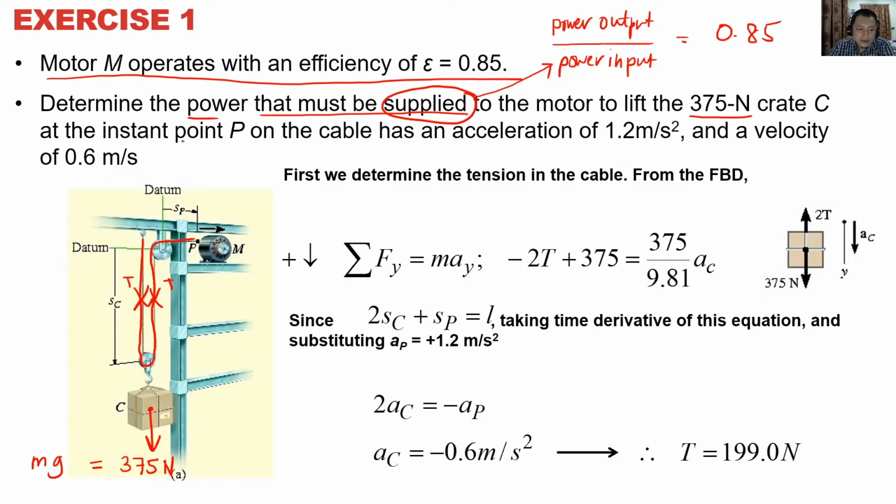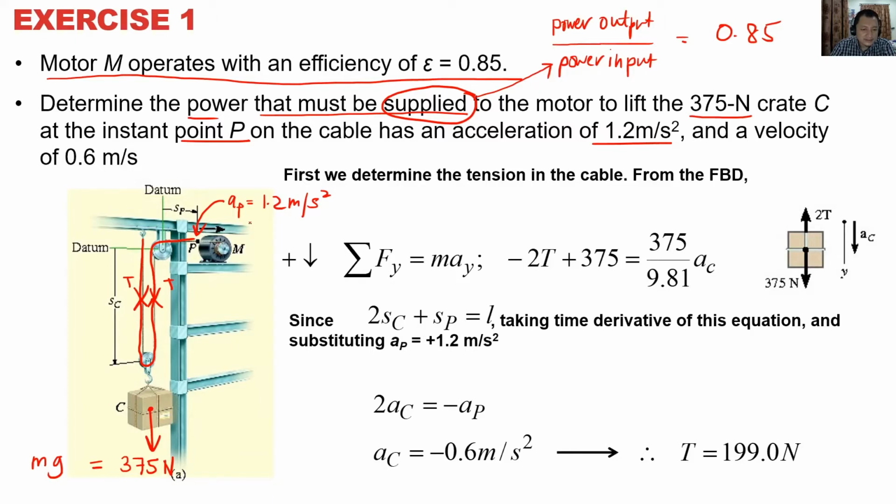At the instant point P on the cable has an acceleration of 1.2 meter per second squared. This is the acceleration, which is A P is equal to 1.2 meter per second squared.